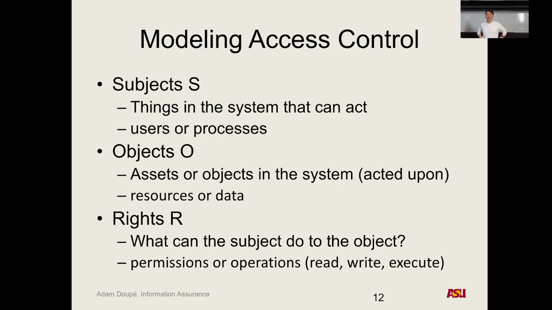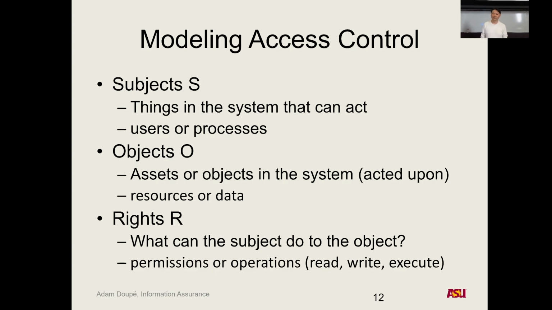An object is a target, an asset in the system, like files, memories, CPUs. Most of the resources of the computer can be an object. Any files or data can also be an object. So person A can access the object file, something like that. That's kind of the grammar.